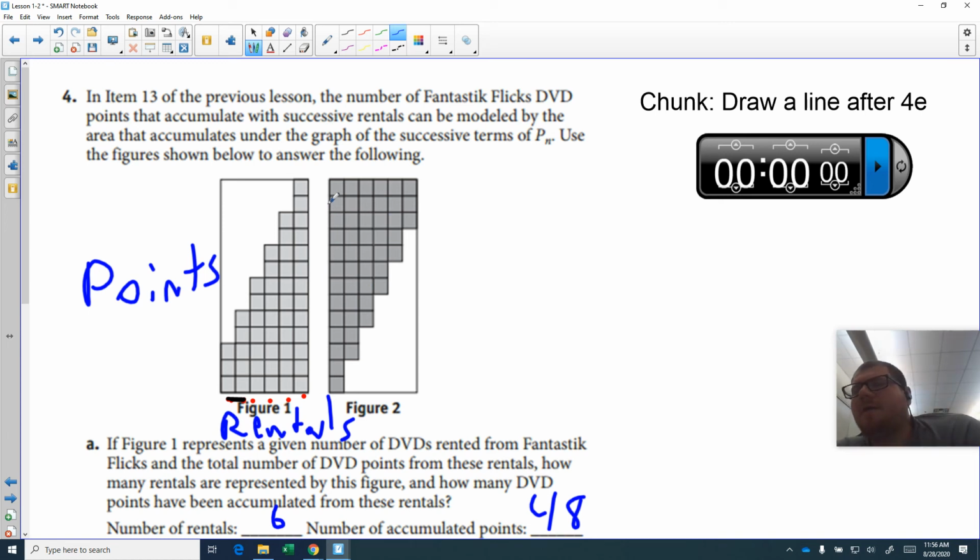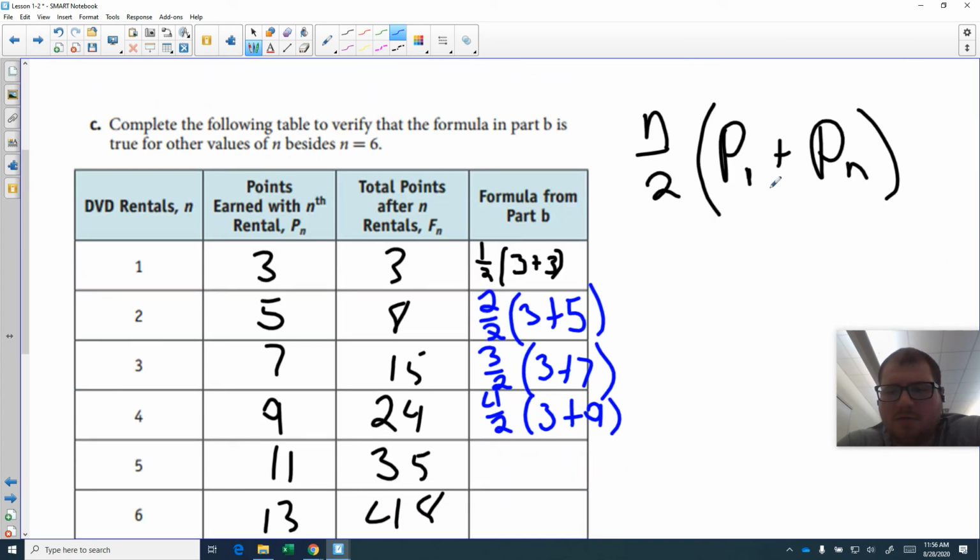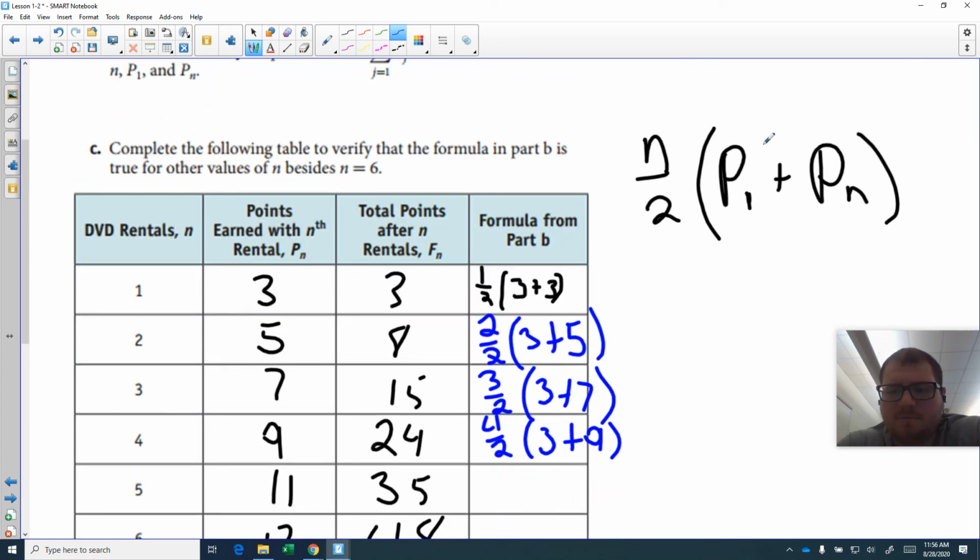But now we're trying to compare our geometry with that. To find the area of this, I have to think of this as being a triangle. Then I can develop a formula down here using that. A triangle is 1/2 base, which is 6, times the total height, which is P of 1 plus P of 6. With that information, I basically can create a formula here.